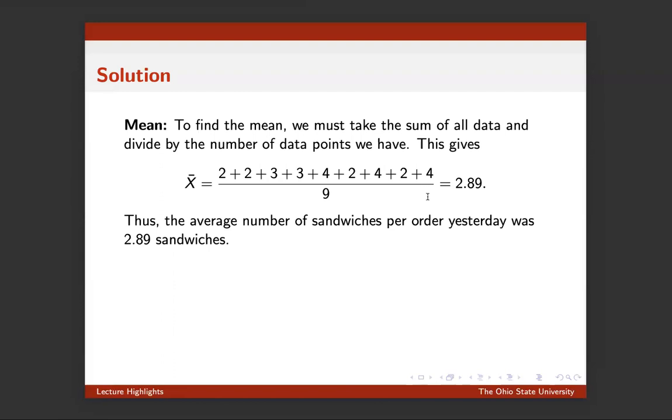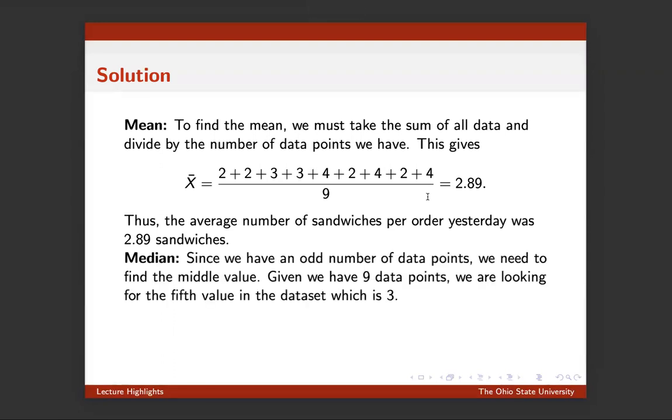And this gives a value of 2.89. So when reporting the answer, we're going to report it with units. The average number of sandwiches per order sold yesterday was 2.89 sandwiches.